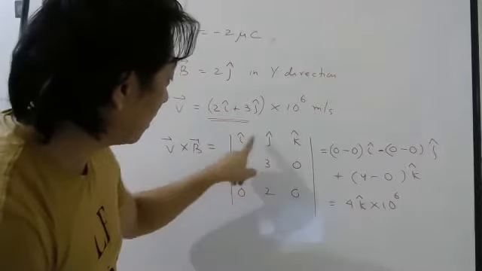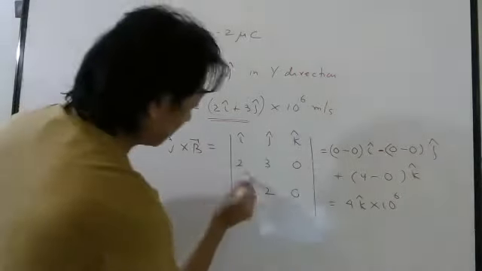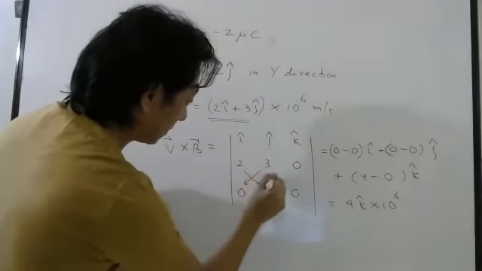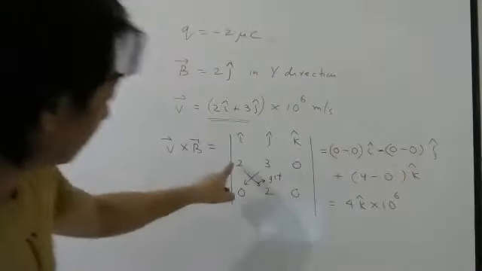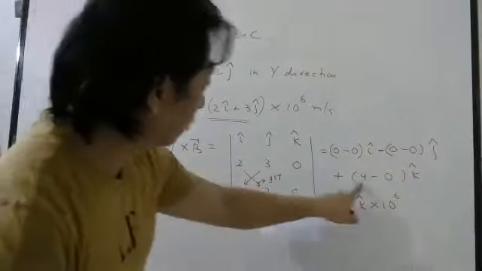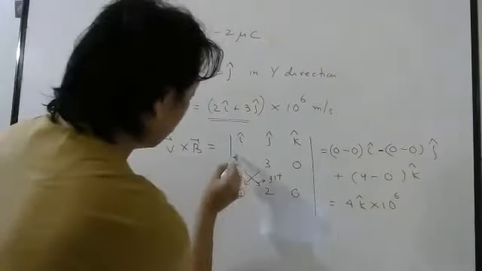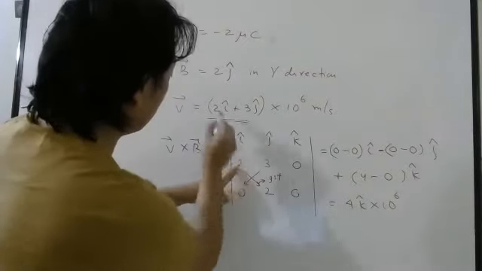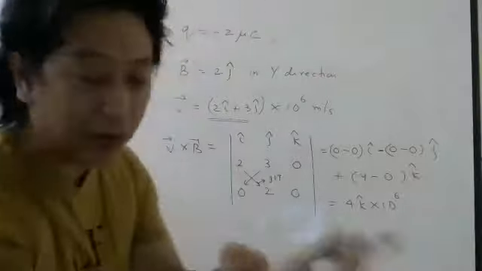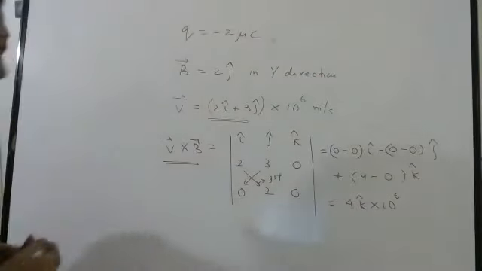Then for k, remove this part, multiply this first, then minus, multiply this. So this is your first. First you have to multiply these two, minus, then multiply these two. So 2 into 2, 4, minus 3 into 0, 0. But this 2 is in what units? 10 to the power 6 is also there. So at the end, better to write 10 to the power 6. So this is your V bar cross B bar.